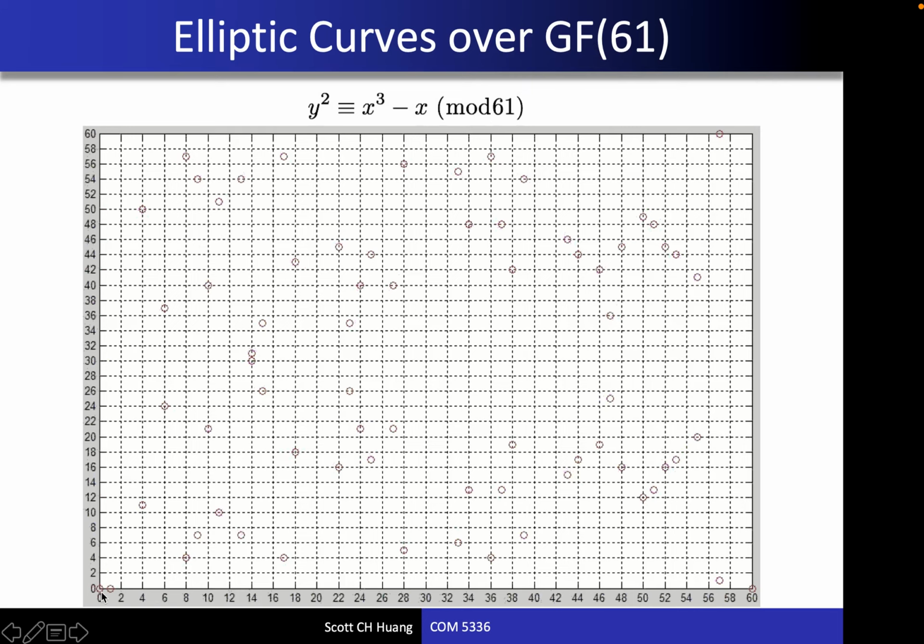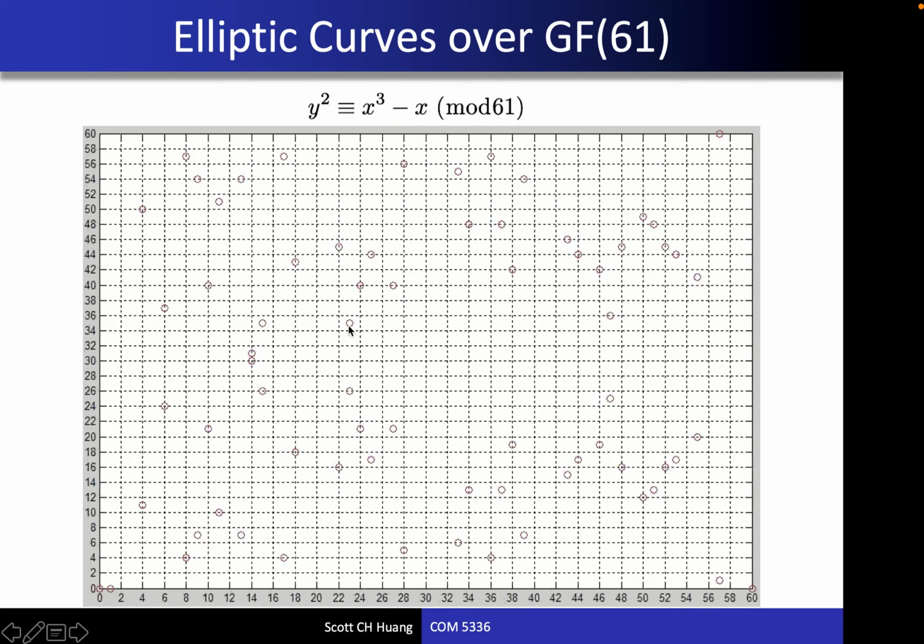So we can use 0 to 60 to represent the elements. Here we can still have the number -1. So -1 is actually 60, because 60 and -1 are considered the same thing, since everything is mod 61. So this still makes sense, but we don't have a curve. We only have these individual points, and these points are symmetric as well.